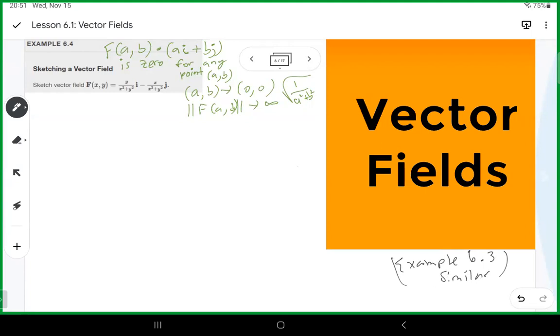The table shows a sample of points and the corresponding vectors, and figure 6.6 shows the vector field. Note that this vector field models the whirlpool motion of the river. And in figure 6.2b, the domain of the vector field is all of R2 except for the point (0, 0). So it's not going to be present there.